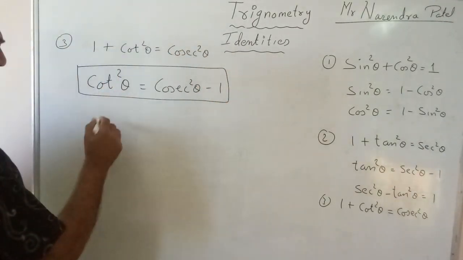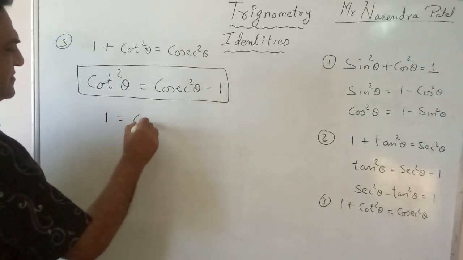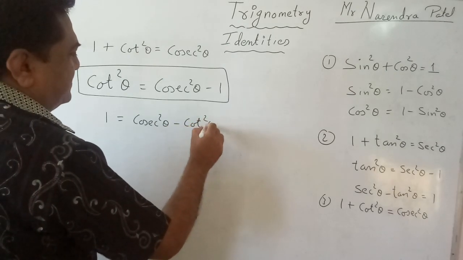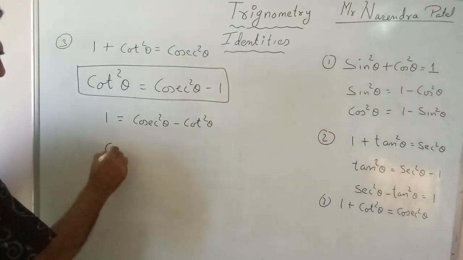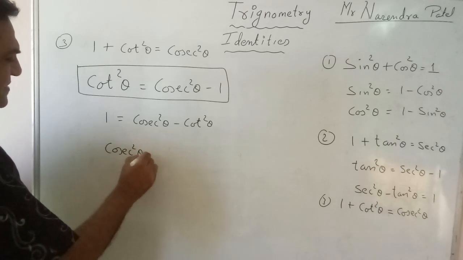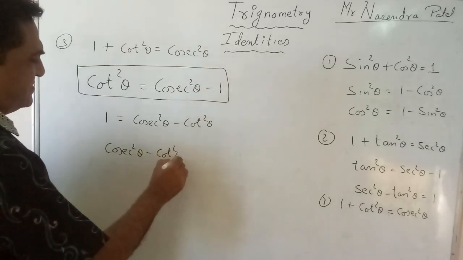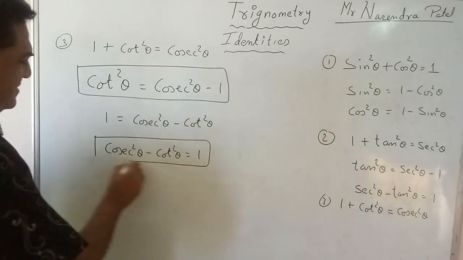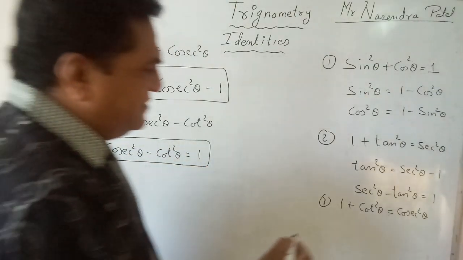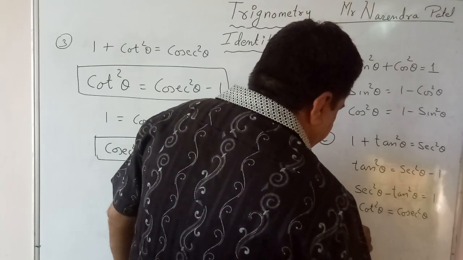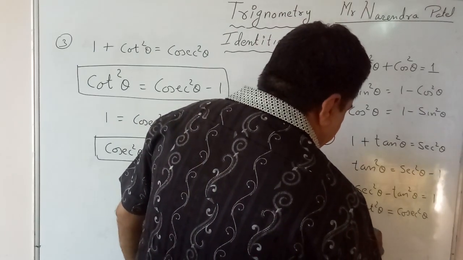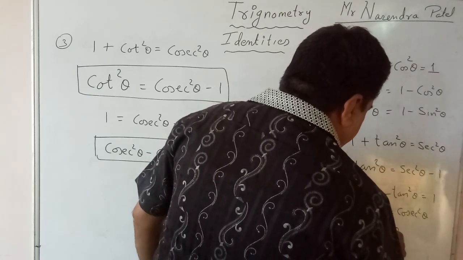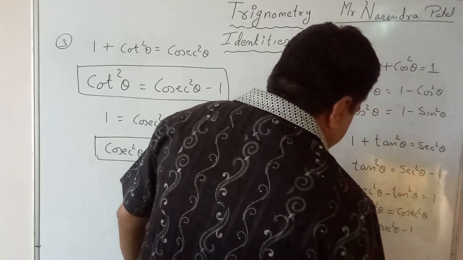Now I will take cot square theta this side. 1 is equal to cosec square theta minus cot square theta. So cosec square theta minus cot square theta is equal to 1. This is another identity proved from the third identity. So let me write it here. Cot square theta is equal to cosec square theta minus 1.